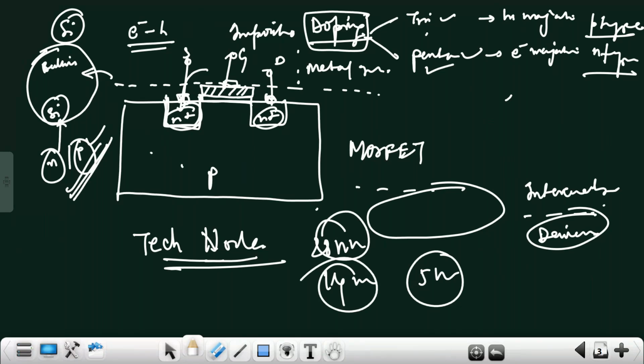Nowadays there are semicon summits, right? You might have heard that the Snapdragon chip is in 14 nanometer, 28 nanometer. Samsung chips, Exynos, it is in 3 nanometer. What does this mean?